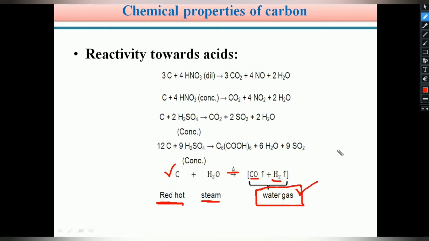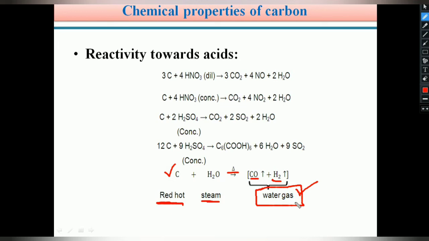In competitive exams like MSET and AIEEE, this question may be asked as an objective choice. What is the mixture of gases present in water gas? What is the formula of water gas? The examiner may ask the question in different ways.